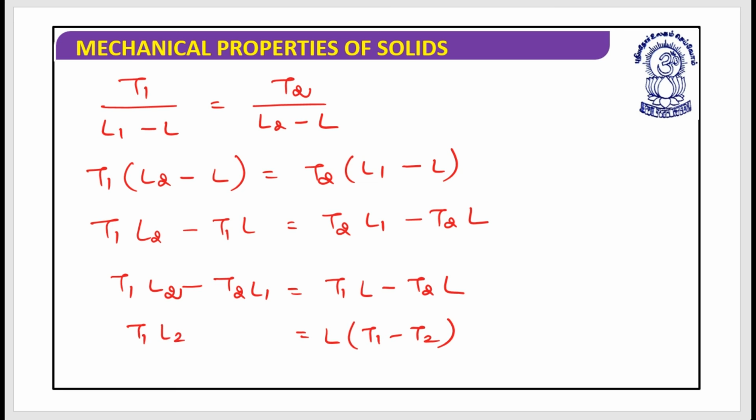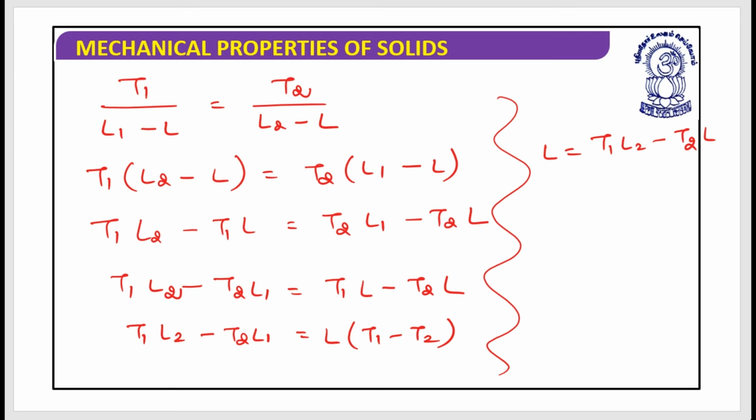So L equals T1L2 minus T2L1 divided by T1 minus T2. This is the natural length of the wire. This is one of the very famous questions of Young's modulus. I hope this is clear.